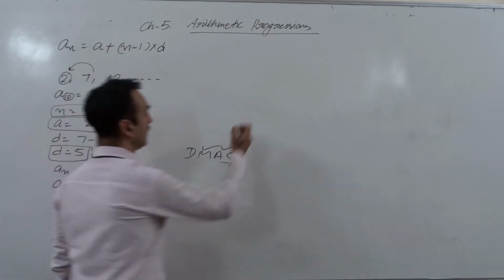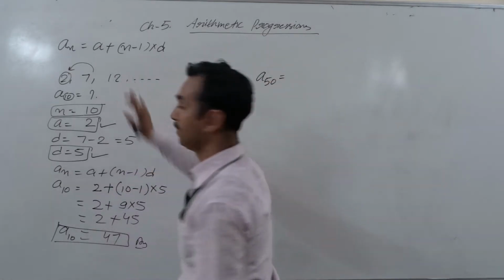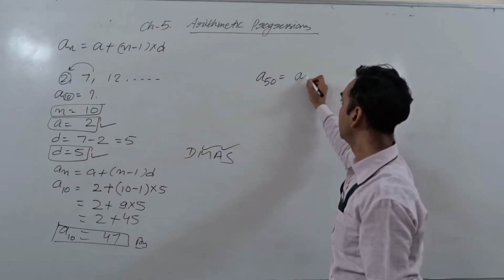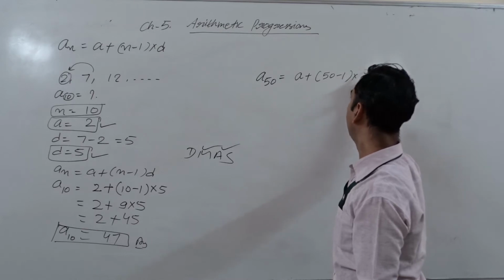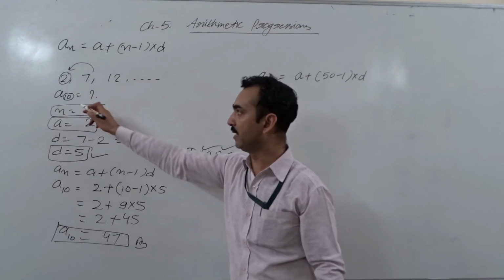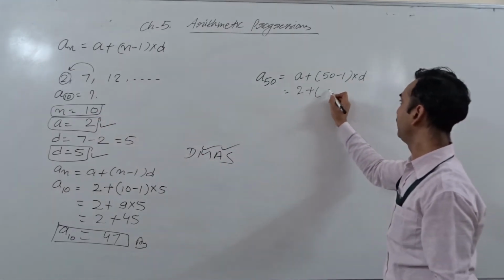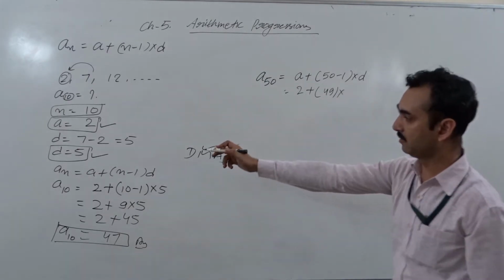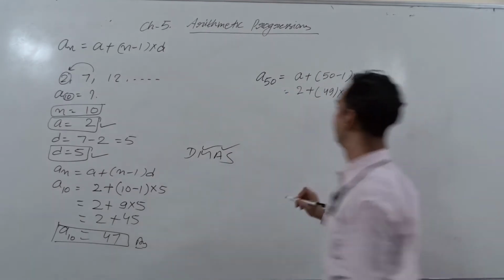Let's find A50. Suppose this is the same AP and you want to find A50. So what do you write? A50 equals A plus (50 minus 1) into D. A will be the same, 2, if the AP is the same, plus 49 into D. D here is 5.